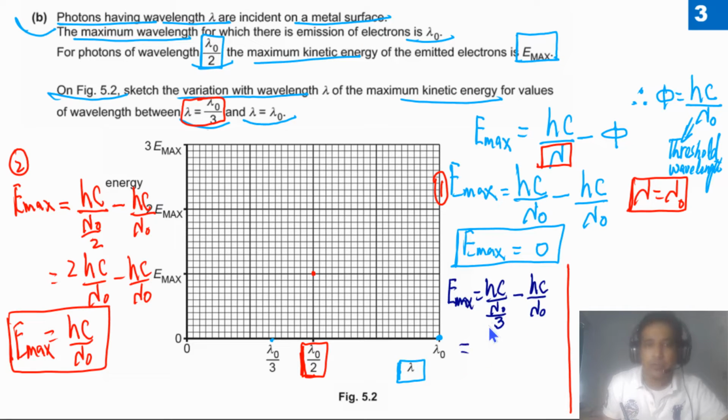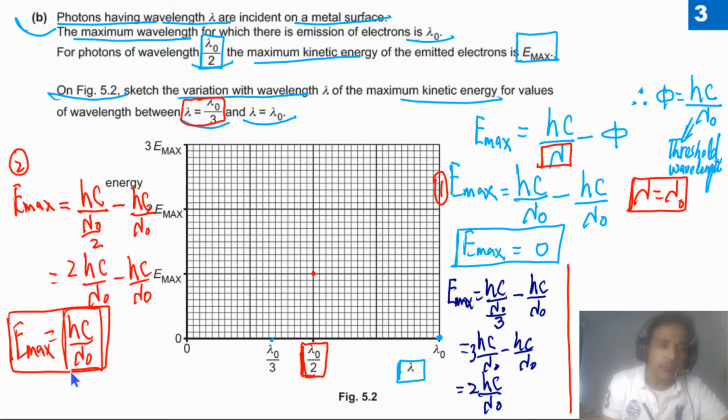If we rearrange this, we have 3hc over lambda naught minus hc over lambda naught. So we get 2hc over lambda naught. But we know that E max is equal to hc over lambda naught, so this is equal to 2 times E max.